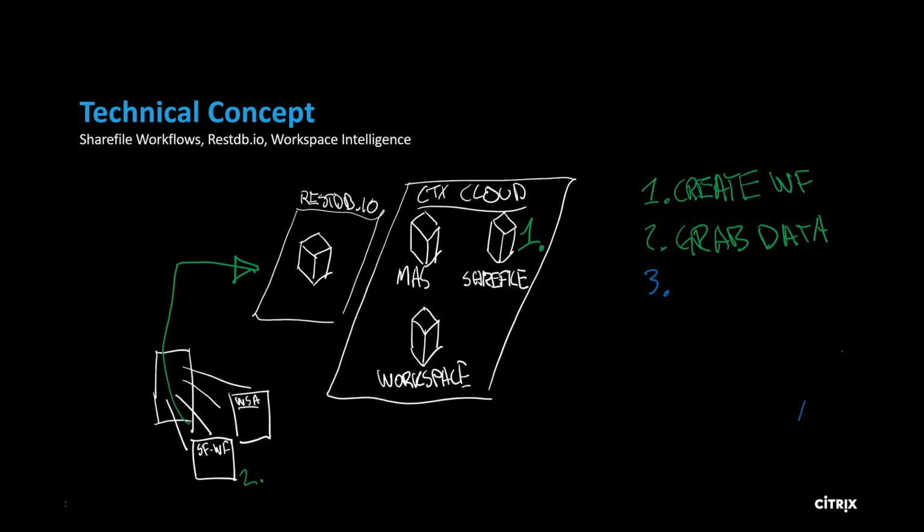For this demo, we're going to use a bit of a workaround to trigger the sync, but the outcome, once the API is available, would be very similar. But we would need to synchronize this data in between restdb.io and the micro app service.